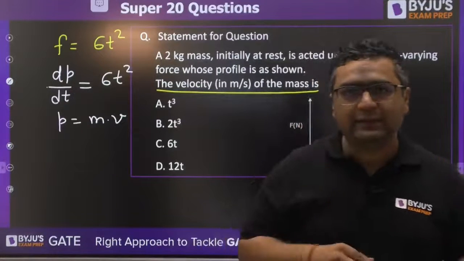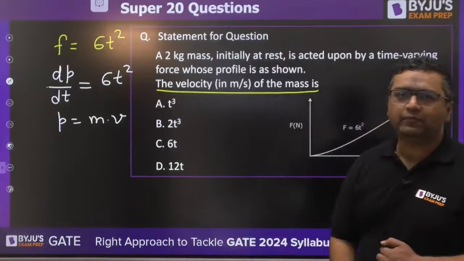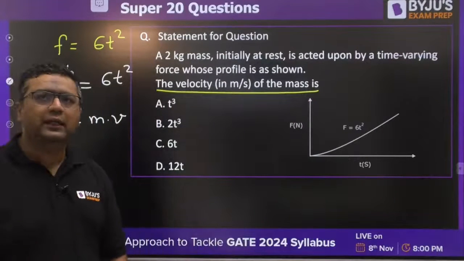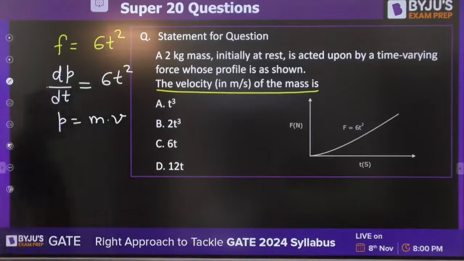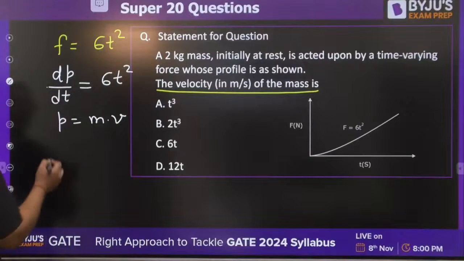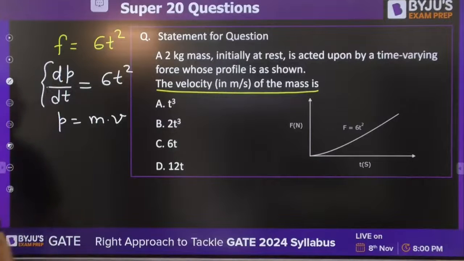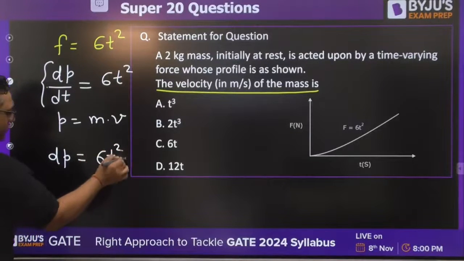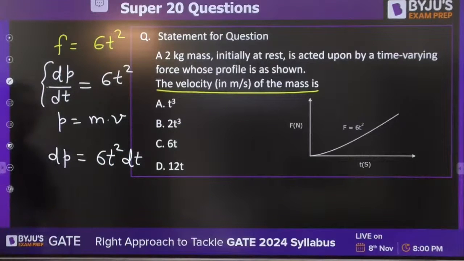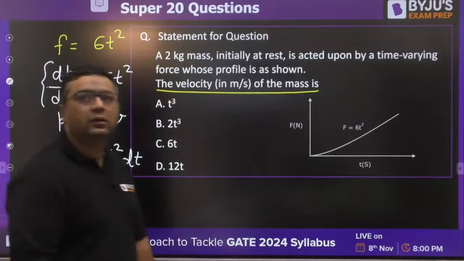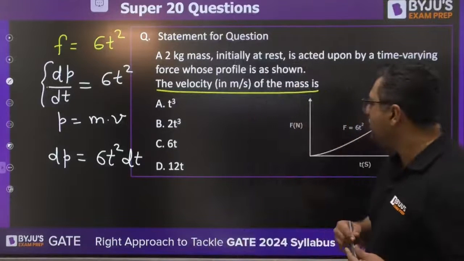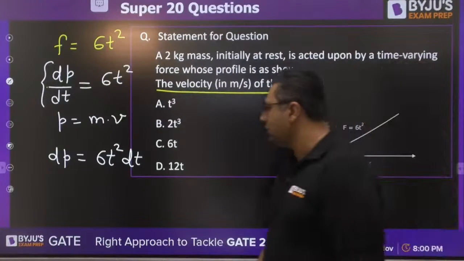Nora is saying answer is A. What about others? Bhavya, Manu, Viresh, Vineet, Midun, Kalyan. Yes. So you can write it after differentiation, dp as 6t square dt. Okay, very good. So when you solve it, they are asking about the velocity.